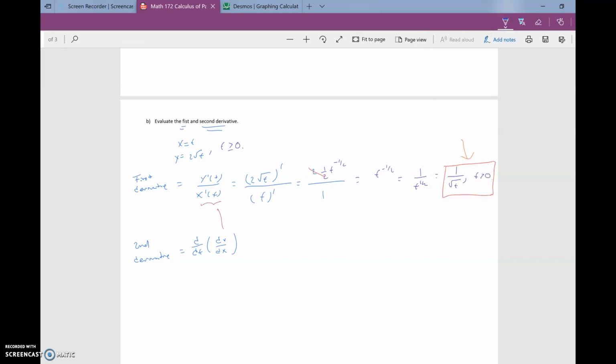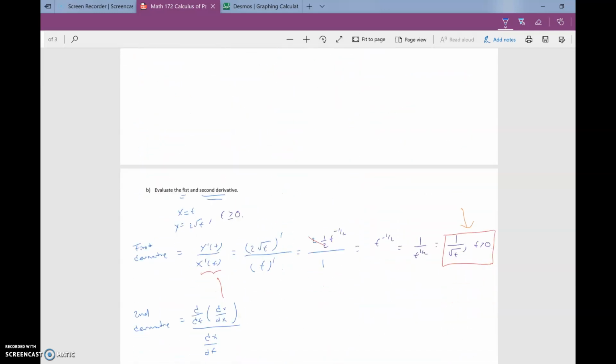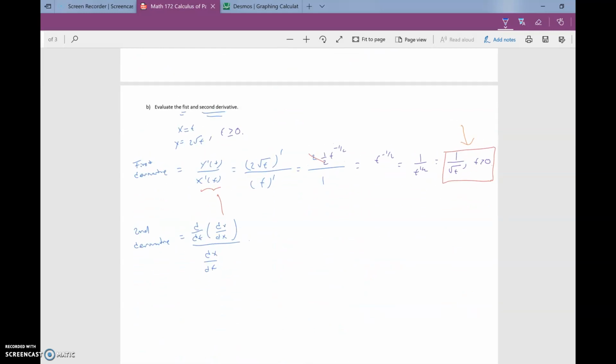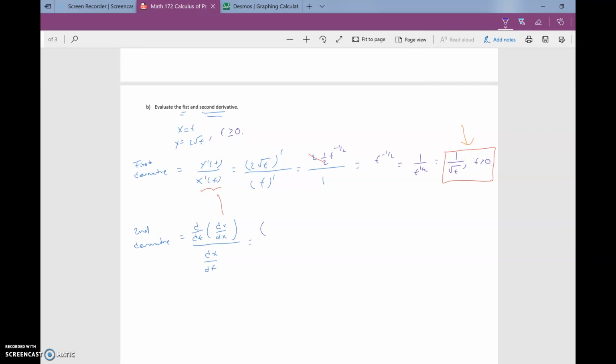And then we're going to be dividing by dx dt. So I'm just looking at this portion here, which translates to the following. To the first derivative, you're going to take another derivative. So I'm going to rewrite it as t to the negative 1/2 prime over the derivative of the x's with respect to t.